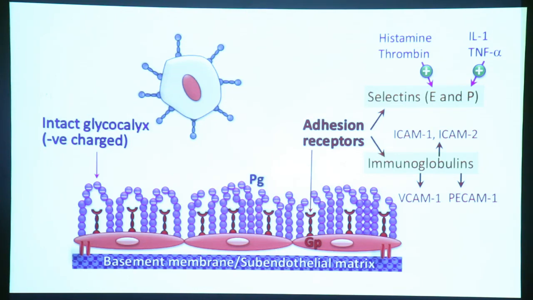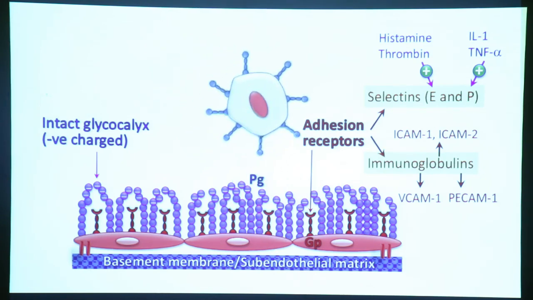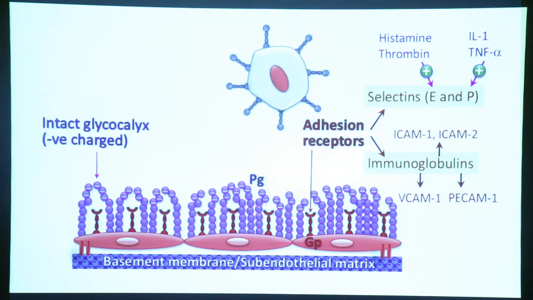Then you have VCAM, which is vascular cell adhesion molecules, and PCAM is platelet and endothelial cell adhesion molecules. So this one is for white cells, one is for platelets, and the other ones govern the immunity. So let us see, this is a cytokine trying to come in touch with the receptor, but it is repulsed back because of the presence of negatively charged side chains which are protecting the receptors.